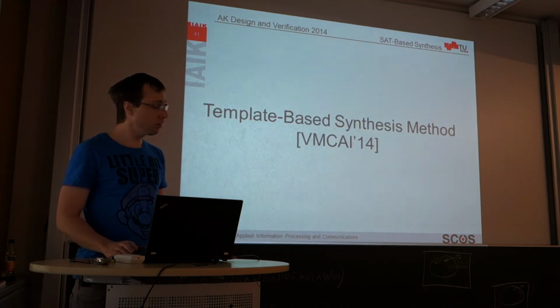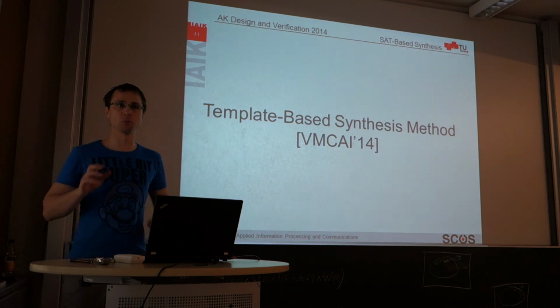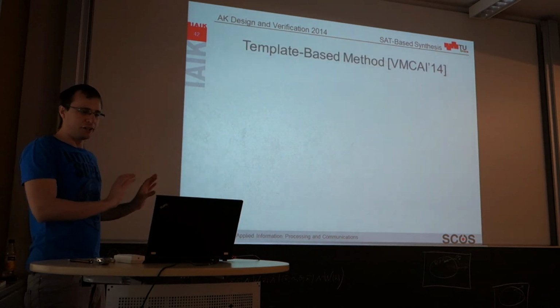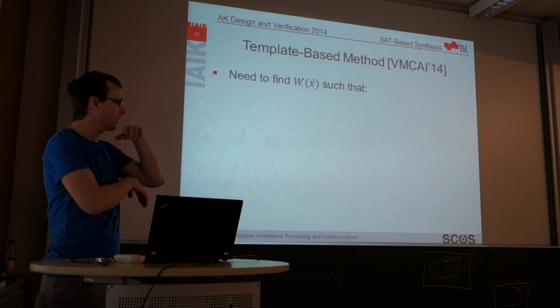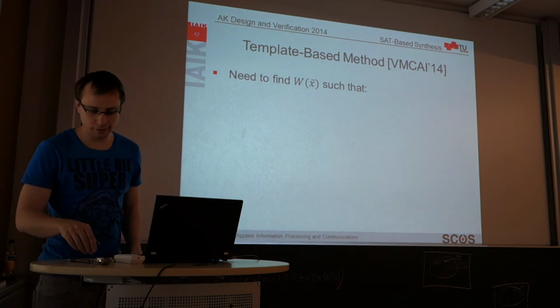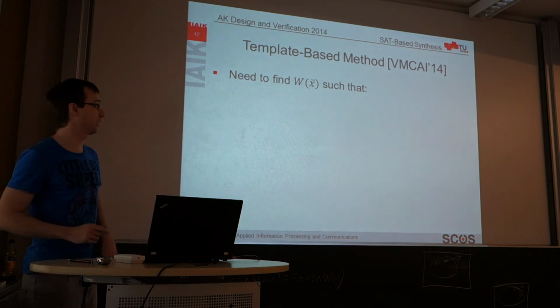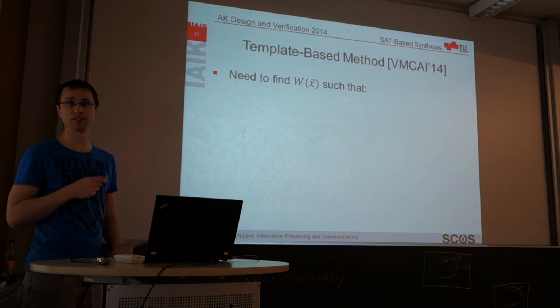I only have one more completely different synthesis approach, which I want to briefly discuss, just with 2 slides or so. Here the idea is completely different. When we take a step back, then what we actually need to find is a winning region. A winning region is just a set of states, usually represented as a formula W over our state bits.